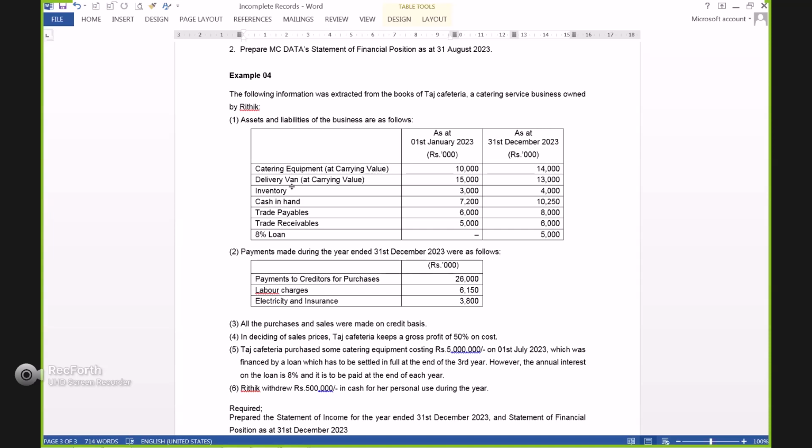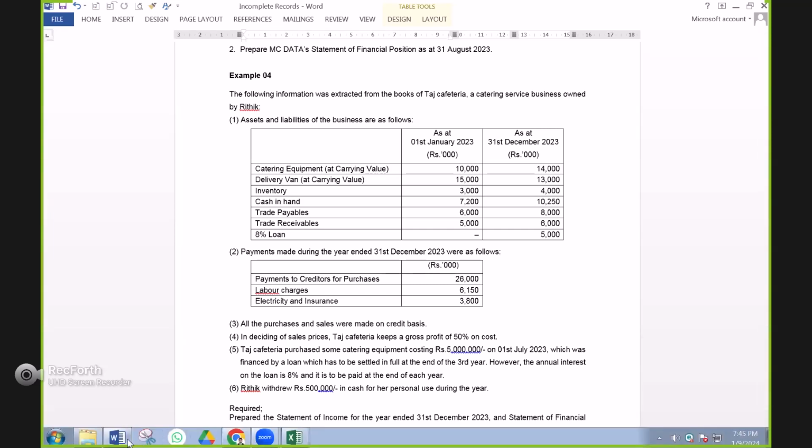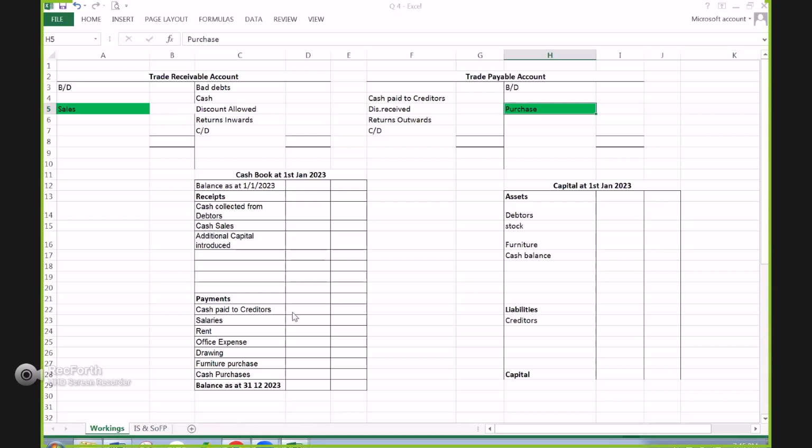So we have to prepare the ledgers of trade receivable and trade payable, and the cash book and capital. Just copy these, write them down, and rule the lines: trade receivable account, trade payable account, cash account, capital account.